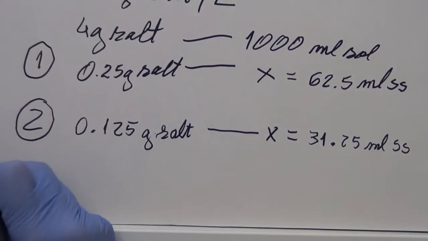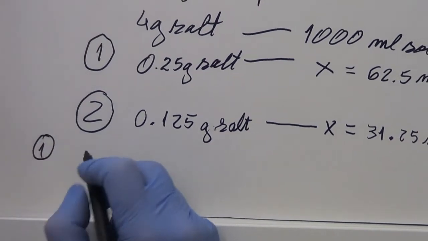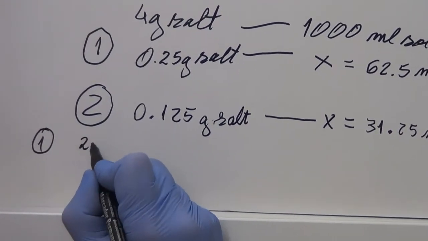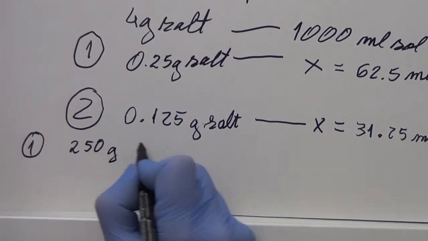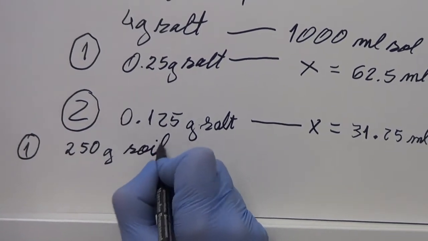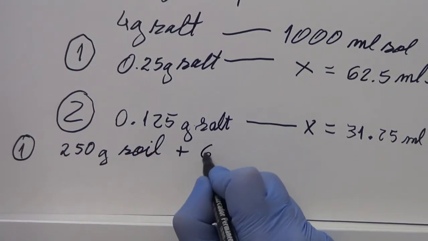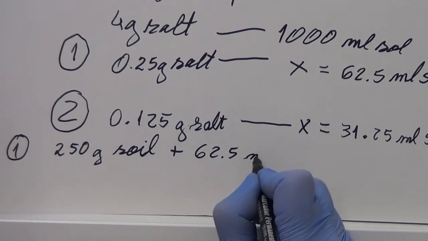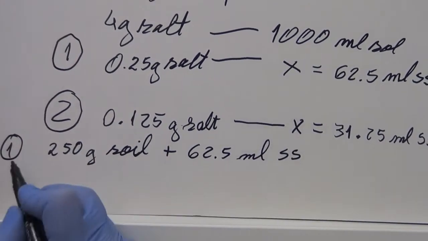So for the first case, we need to have 250 grams of soil and 62.5 milliliters of stock solution.